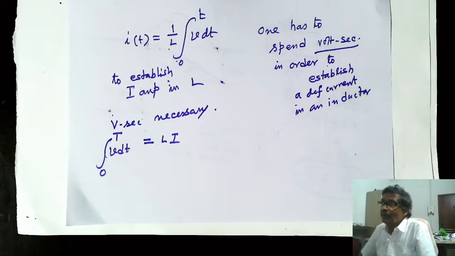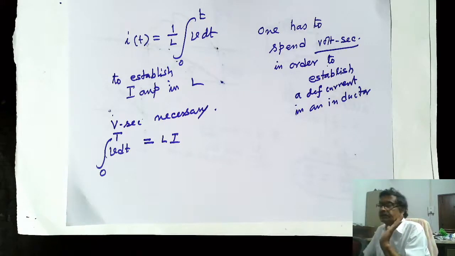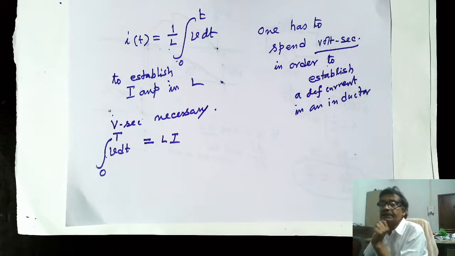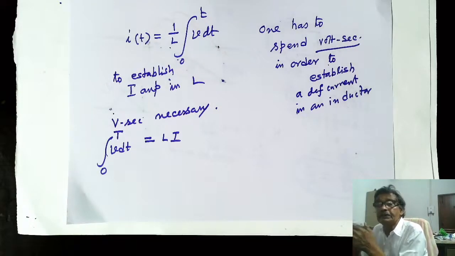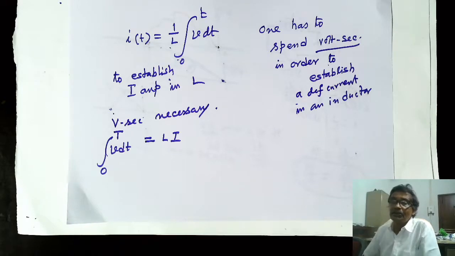Therefore, if you know what magnitude of current you want to establish in an inductor, and you know the value of the inductance, then the product of this will tell you how much volt second is to be spent. We spend money to buy things. Similarly, you have to spend volt second in order to establish current in an inductor.